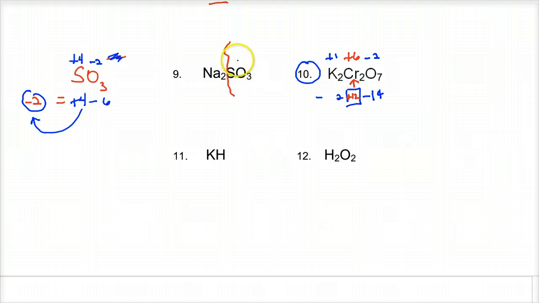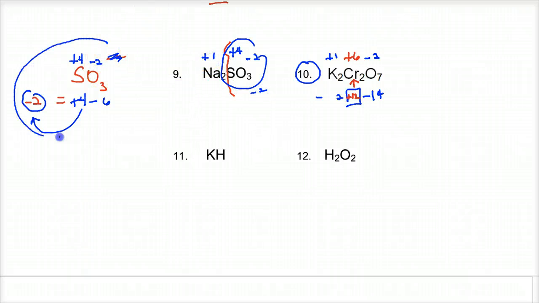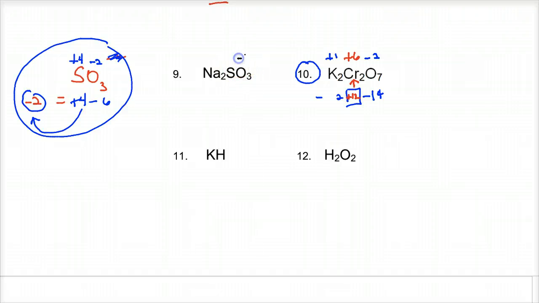And if you notice, if this is +4 and this whole thing is -2, you would need each sodium to be +1 apiece. So you could look at them many different ways. I'm going to go back and do it like I normally would. -2, -6 overall.